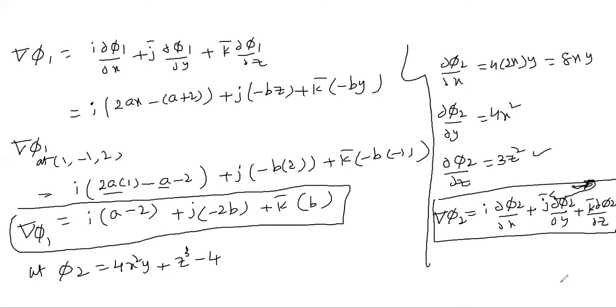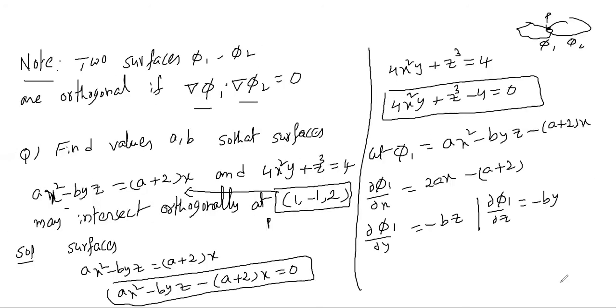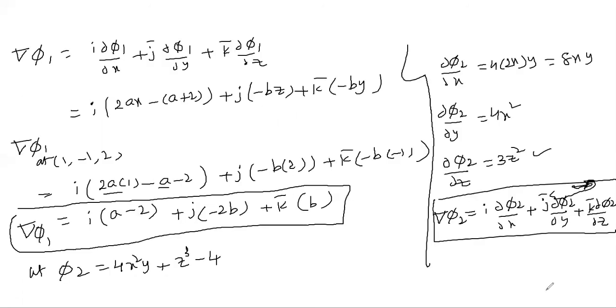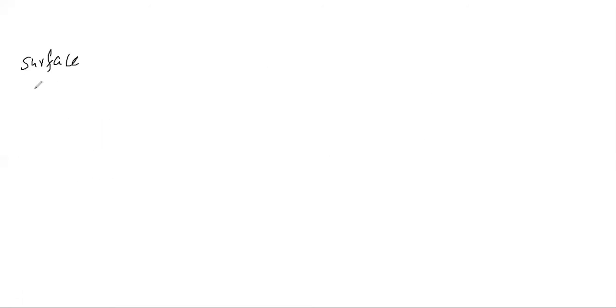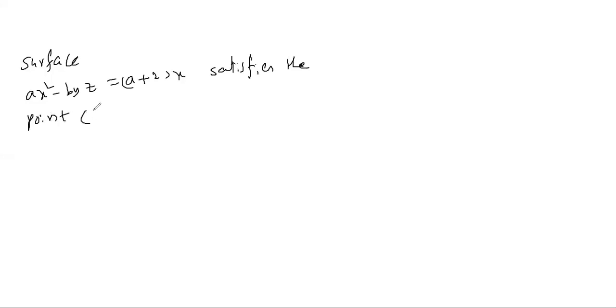So now the second surface equation, ax square minus byz is equal to a plus 2 into x. The surface satisfies the point 1 comma minus 1 comma 2. Why does it satisfy? Because they are intersected. Intersected means the surface is passing through that point.